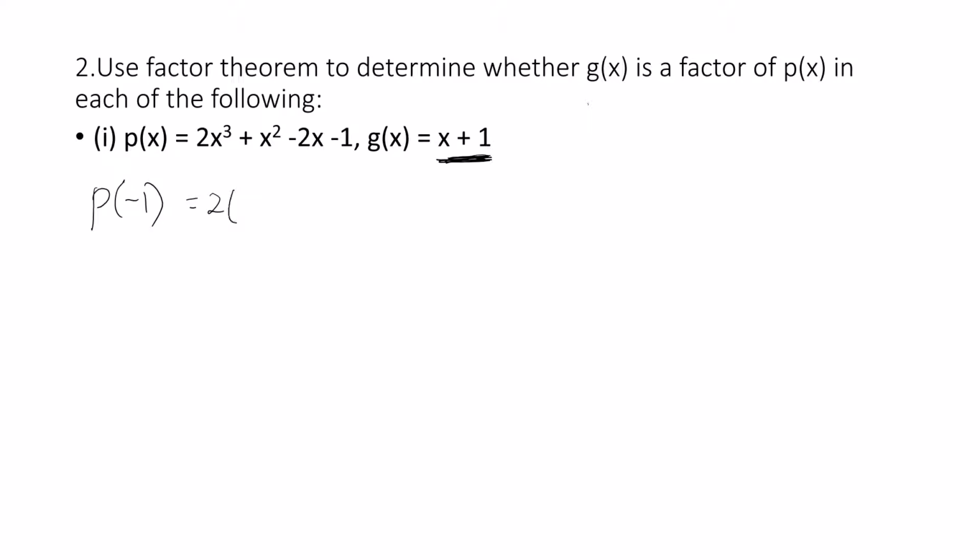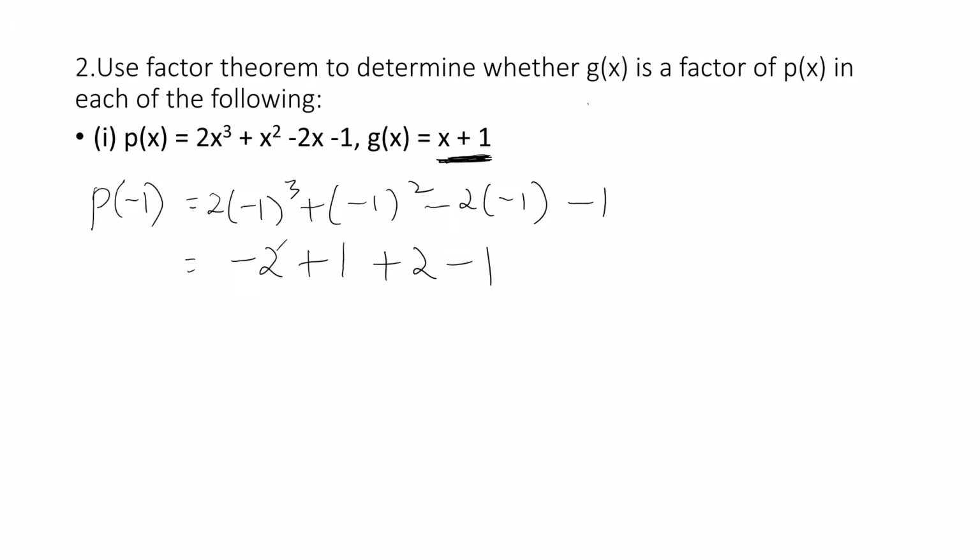So 2 into minus 1 cube plus minus 1 square minus 2 into minus 1 minus 1. So it will be 2 into minus 1 is minus 2 plus minus 1 square is 1 plus 2 minus 1. So minus 2 plus 2 cancel, 1 and minus 1 cancel. So p of minus 1 we are getting as 0.